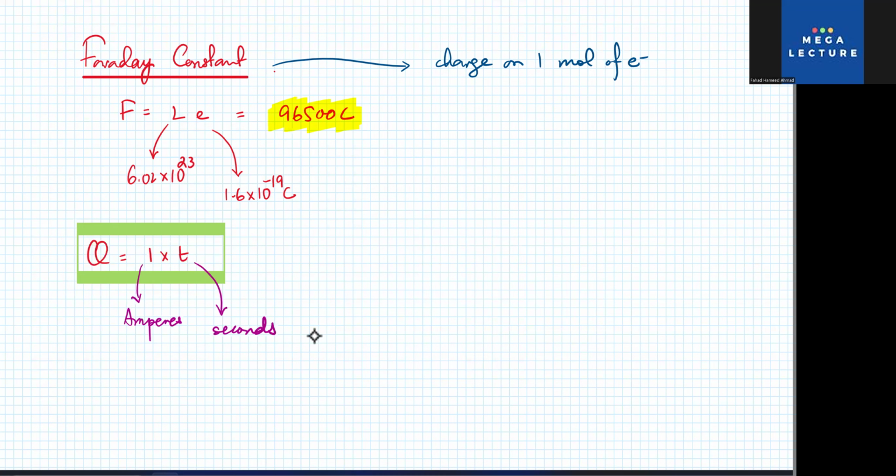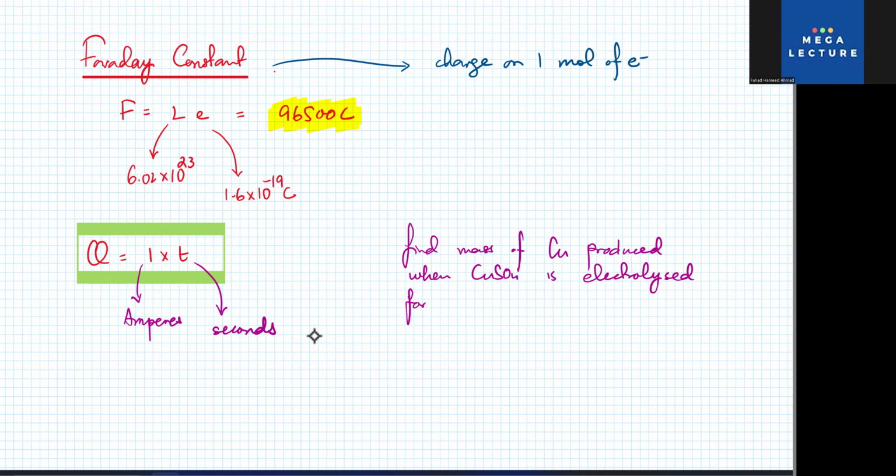So I'm just going to do a simple question. For example, find the mass of copper produced when CuSO4 is electrolyzed for, let's say, 1.5 hours with a 0.2 ampere current.